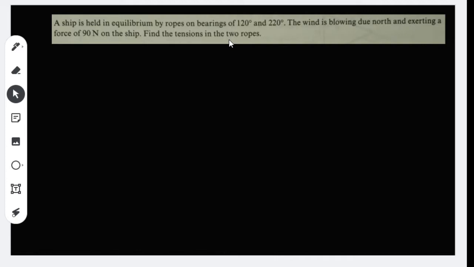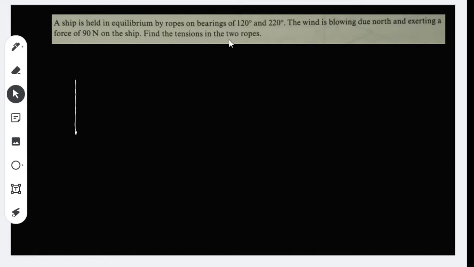Since we are talking about bearings, let's draw a north, because bearings are always measured clockwise.